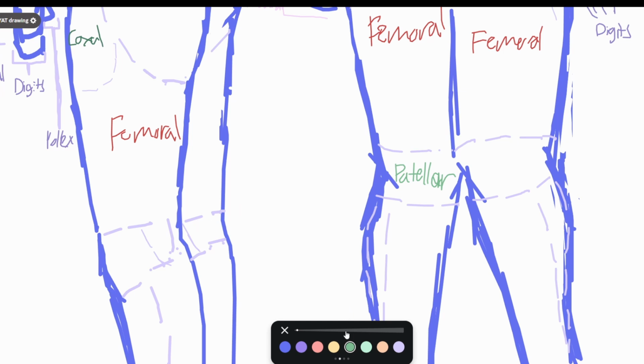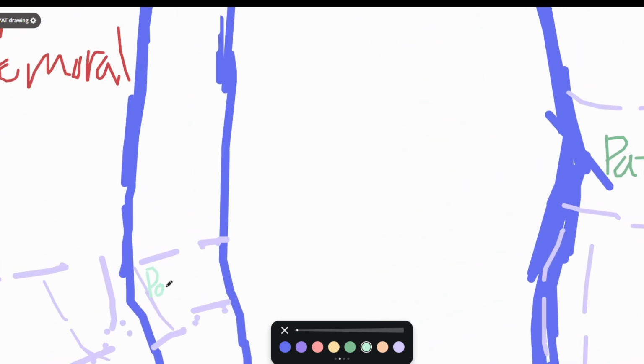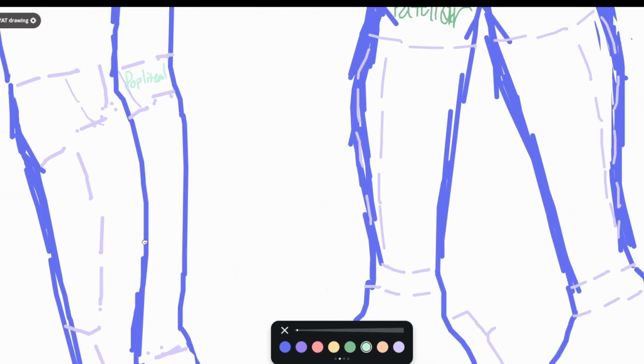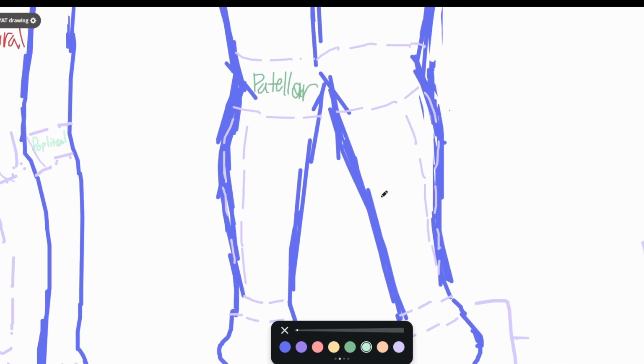Okay, I need to zoom in for this. All right, I think that's everybody's favorite word, weirdly enough. So in the front, let's see if I can get this right, we have the crural, right?